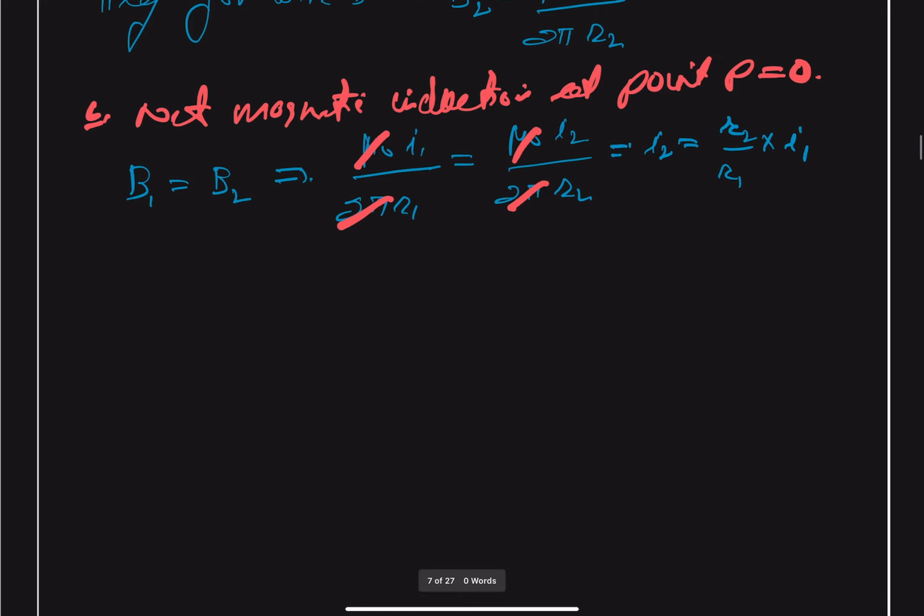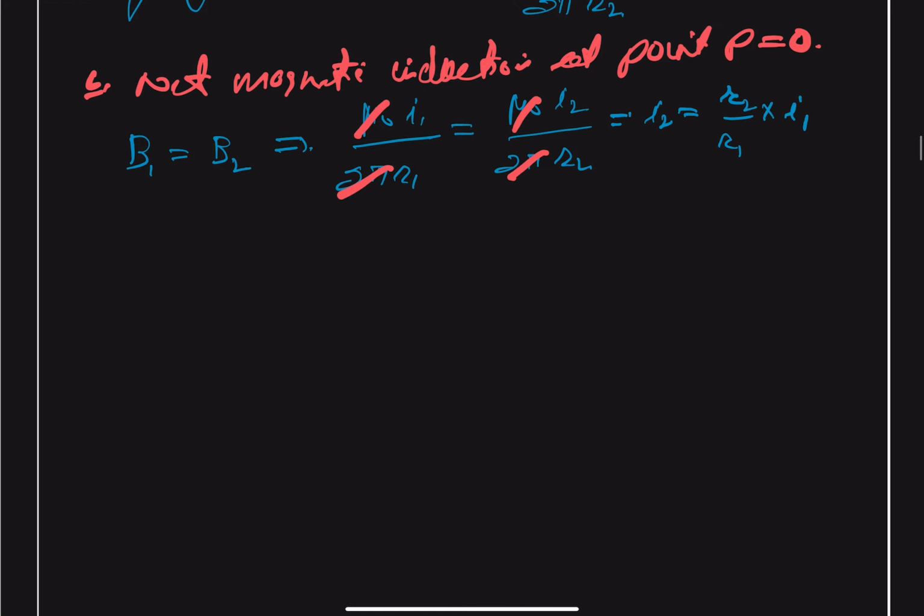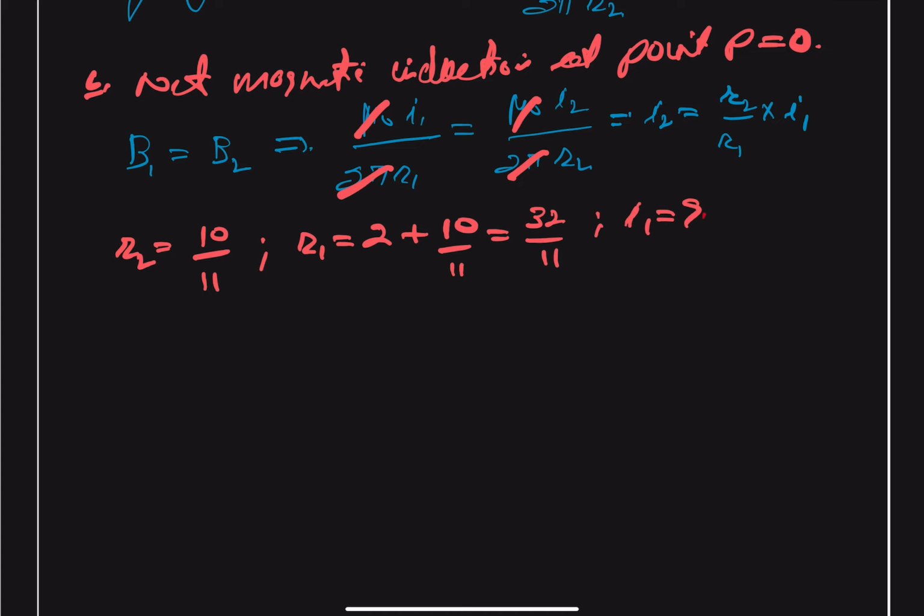And we can find out our R2. Rather, R2 is given to us. R2 is 10 upon 11. R1 will be 2 plus 10 upon 11, which gives us 32 by 11. And I1 is also given to us. I1 is 9.6 amperes.